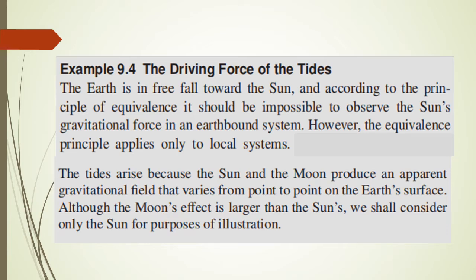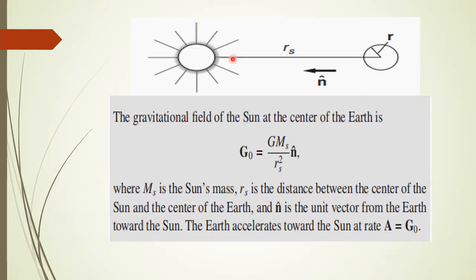So this is our sun, this is our earth, and Rs shows the distance between the center of the sun and the earth. This is the direction of the acceleration field of the sun at the center of the earth. So the gravitational field G0, since it is at the center, is equal to G Ms by Rs squared times n cap.